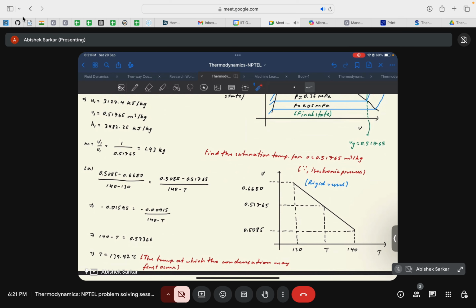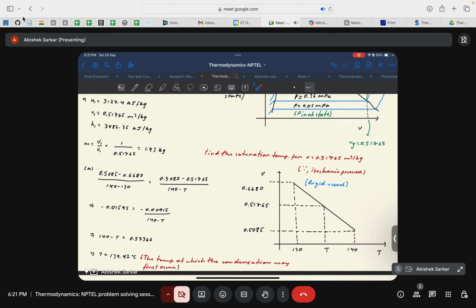What I found from the saturated steam table is that this specific volume, 0.5176, lies between 0.6680, whose corresponding temperature is 130 degrees Celsius, and 0.5085, whose corresponding temperature is 140 degrees Celsius. So our specific volume would lie between 130 and 140.